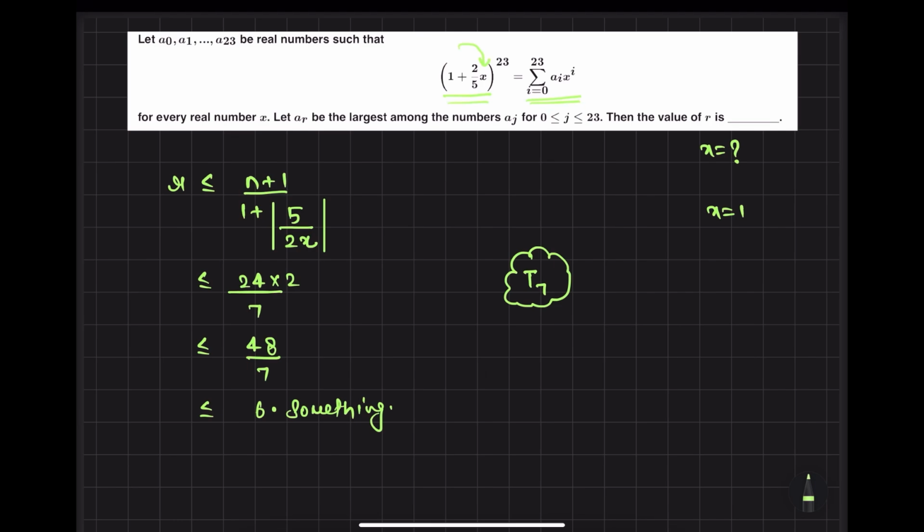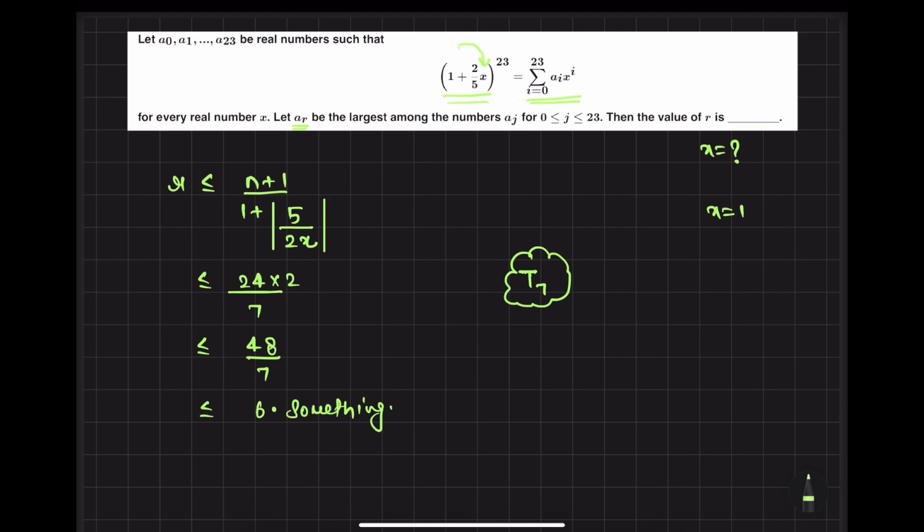Okay, now we are interested in finding ar. Who is ar? ar is the coefficient of the term, that means the rth term coefficient. So we are interested in finding the coefficient of the 7th term. So what is the coefficient of the 7th term?